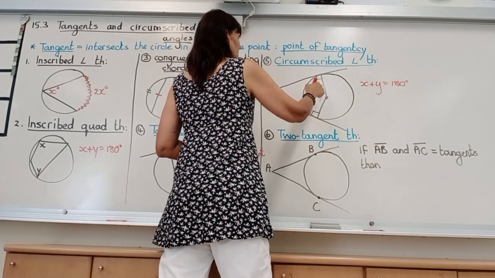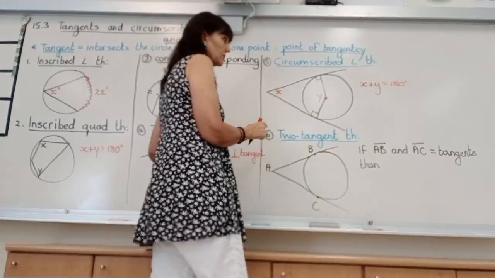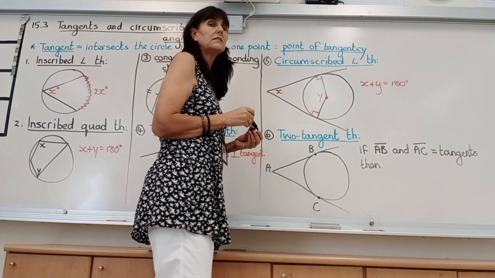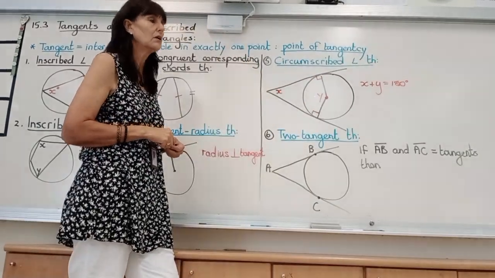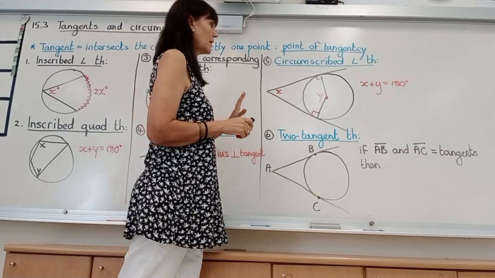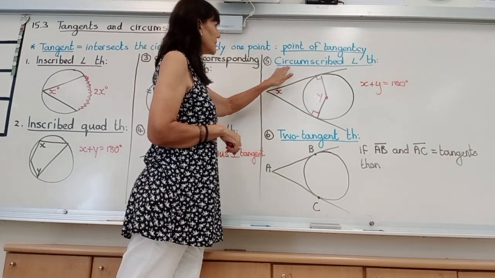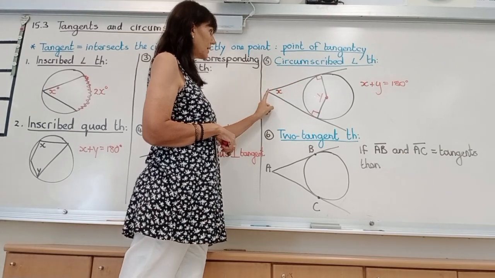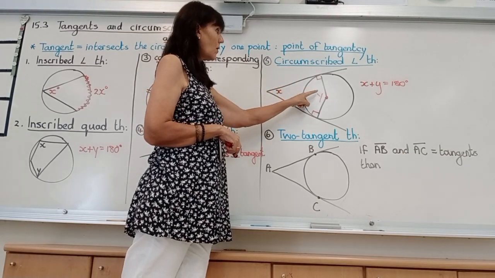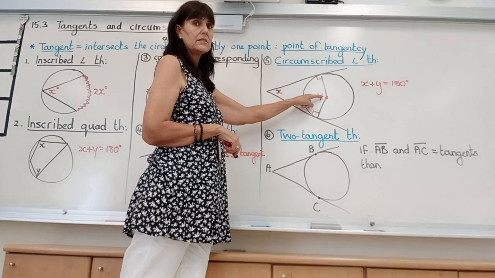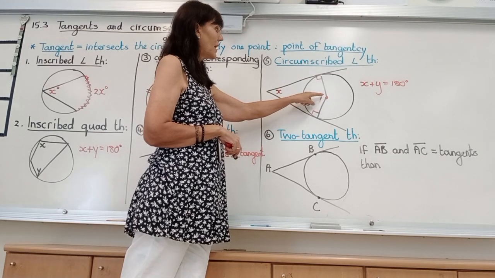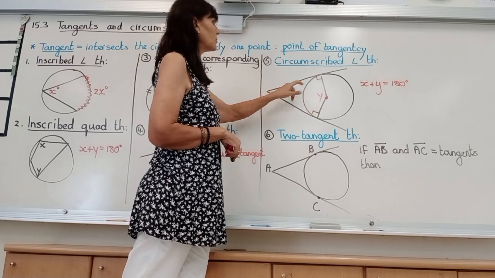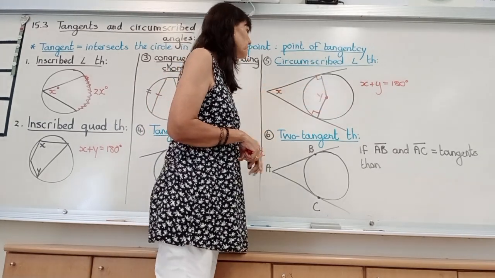Of course, these two, 90 plus 90 is 180, plus another 180 will give me the 360 that the interior angles of this quadrilateral add up to. So my circumscribed angle theorem: when the angle is outside, then the opposite one, which is at the center, a center angle, these two will be supplementary.